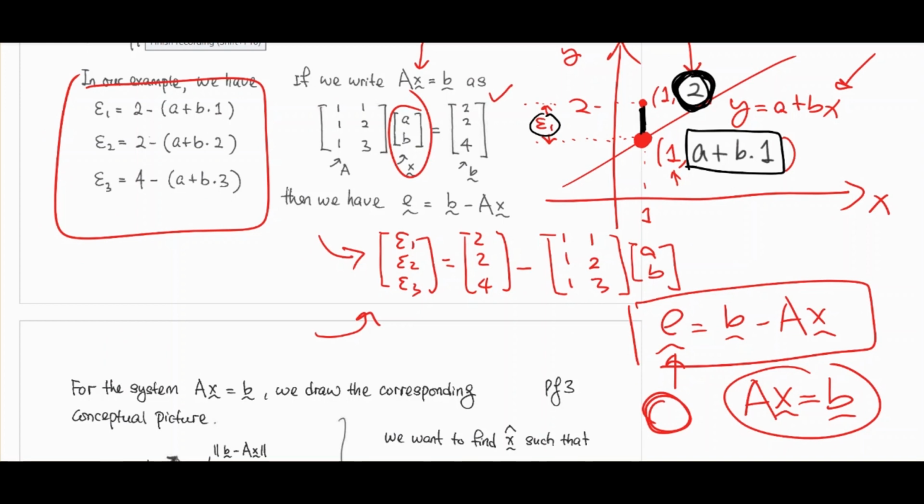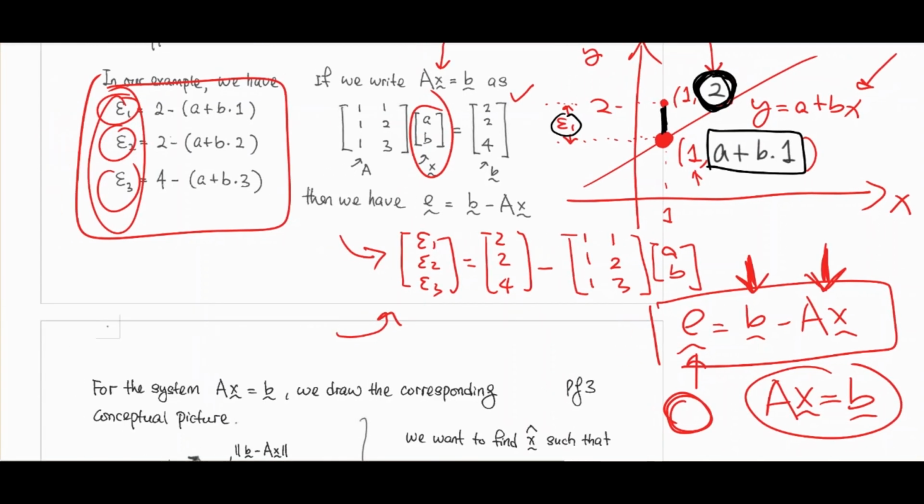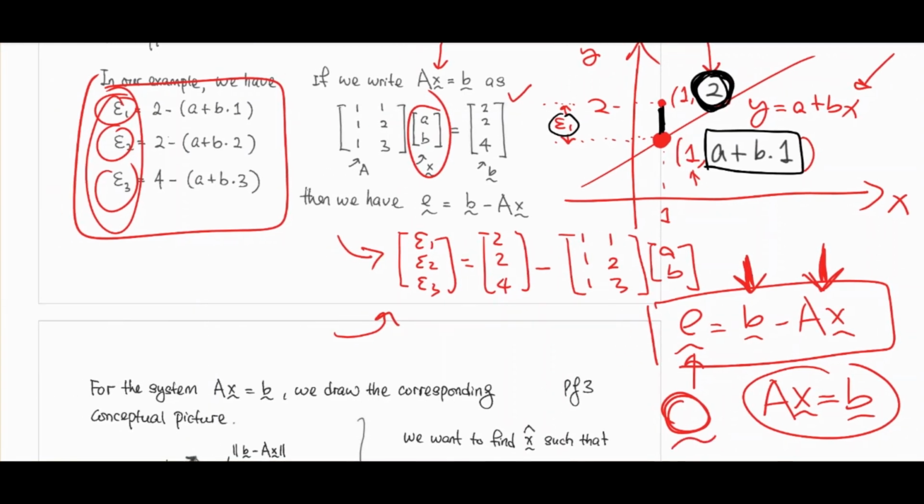But if your system is not consistent, the difference B minus AX translates into this vertical distance here. These are the error vectors where each quantity coincides with the vertical distance from the graph, okay? So if the error vector is non-zero, then AX equals B is inconsistent. You can't really find a line that passes through all 3 points, okay?